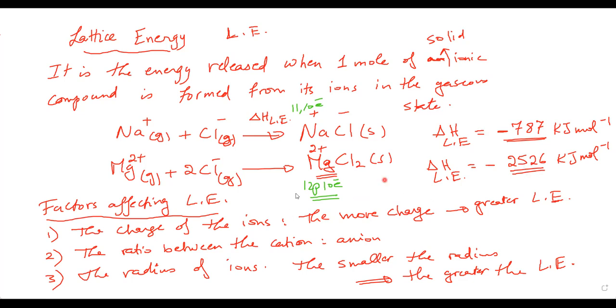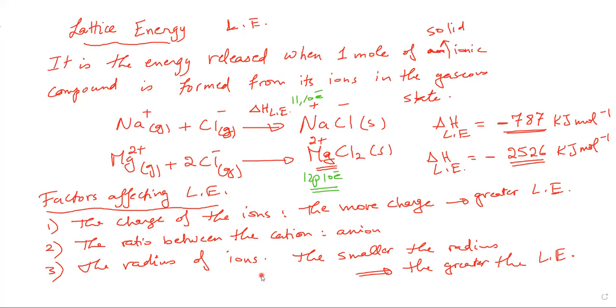Now, if we want to determine the lattice energy of any ionic compound, we have to know some definitions, like exactly when we studied about the Hess's cycle. We had to know some of the information about enthalpy change of combustion, about enthalpy change of hydration, or enthalpy change of not hydration, but formation, combustion, bond energies.